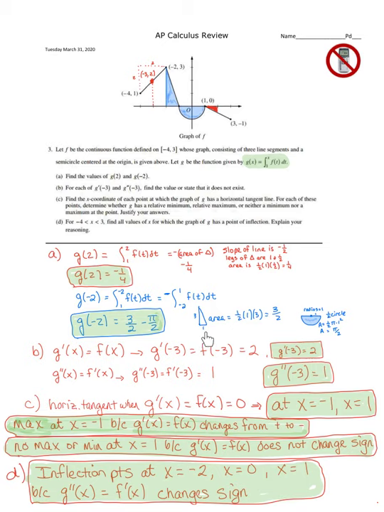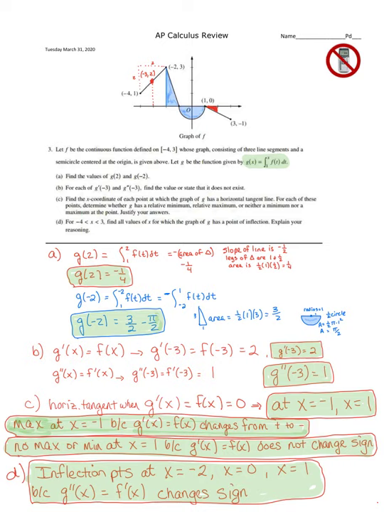The blue triangle has a base of 1 and a height of 3, so half of 1 times 3 is 3/2. And the semicircle is half of pi r squared, and the radius is 1, so it's half of pi, or pi over 2. And that is an area below the curve, so the 3/2 above the curve minus the pi over 2 below the curve will give me g of -2.